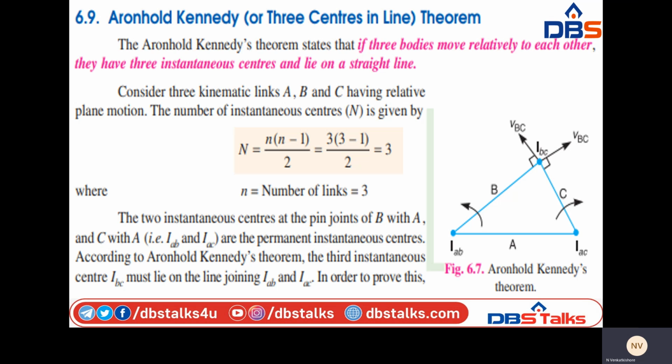Consider three kinematic links A, B, C having relative plane motion. The number of instantaneous centers is given by n = N(N-1)/2. The number of links is 3, so 3 into 2 by 2, that is 3.